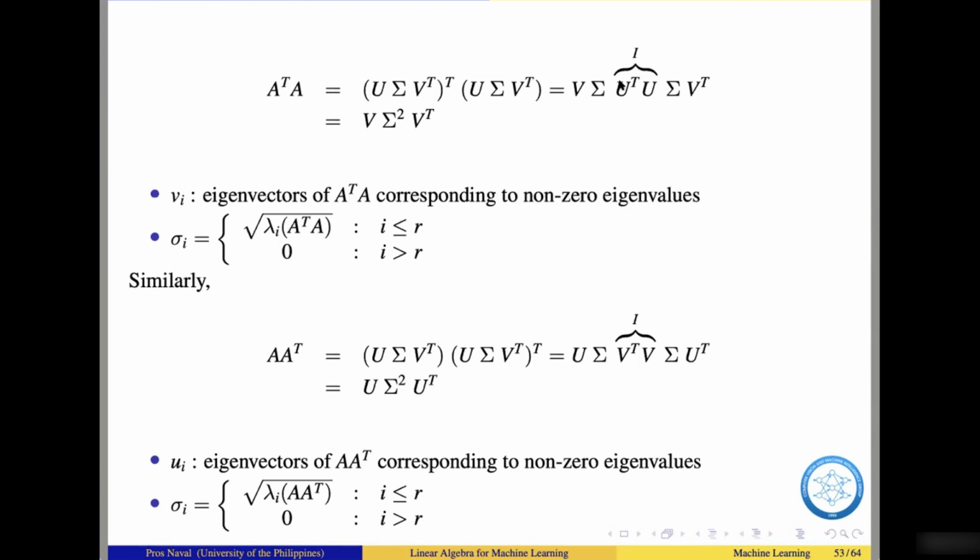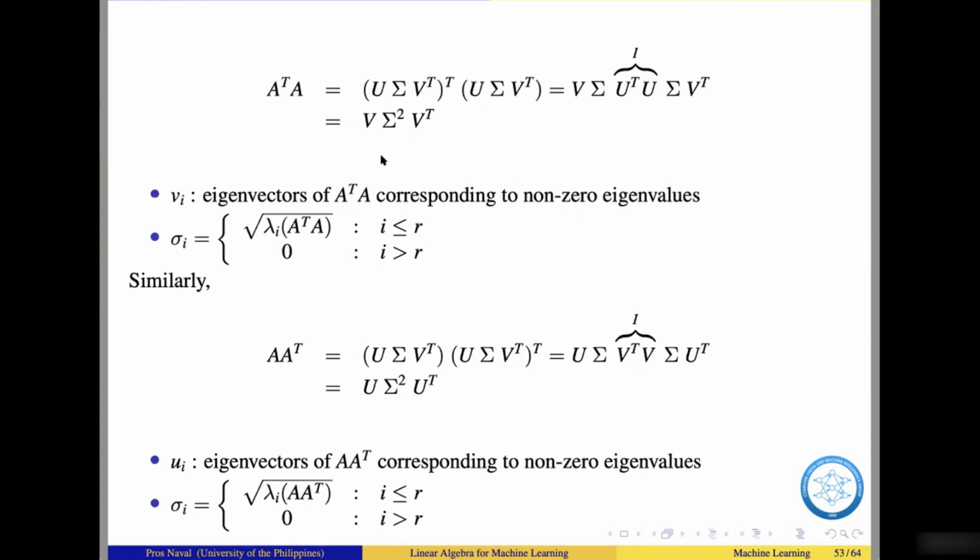And this becomes an identity matrix, so that now we have V sigma squared V transpose. This tells us that the V_i's are the eigenvectors of A transpose A corresponding to the non-zero eigenvalues.